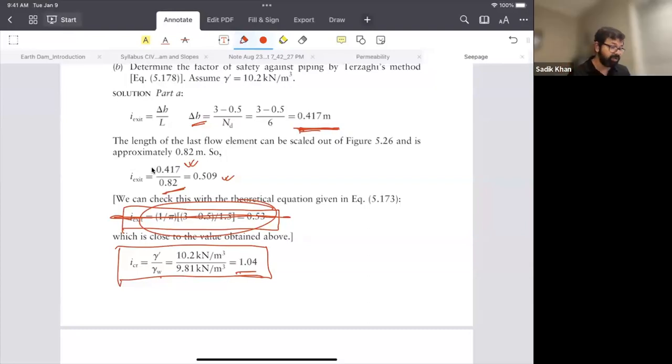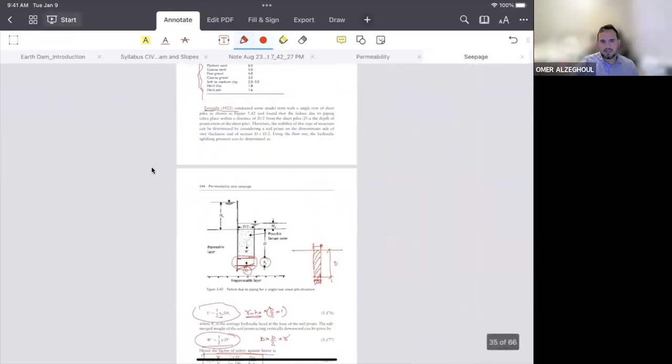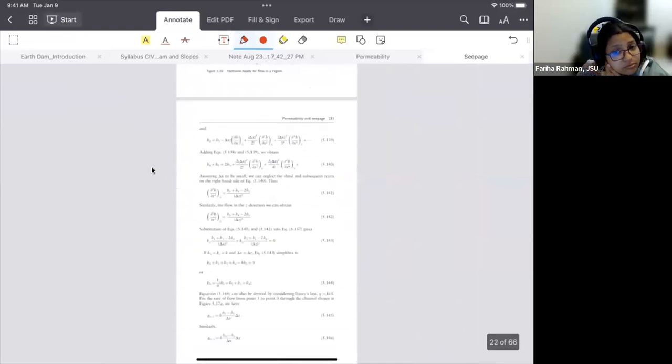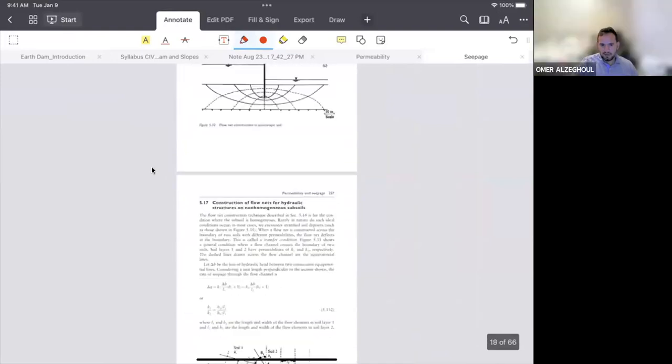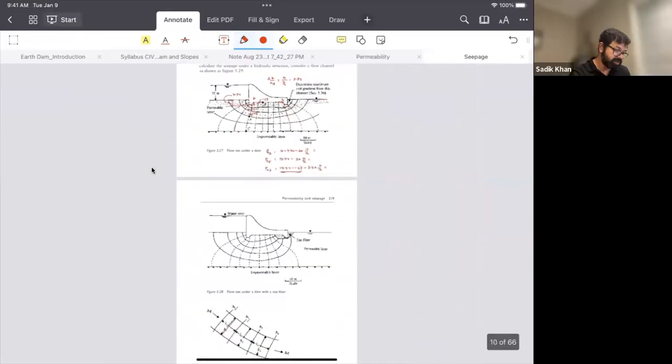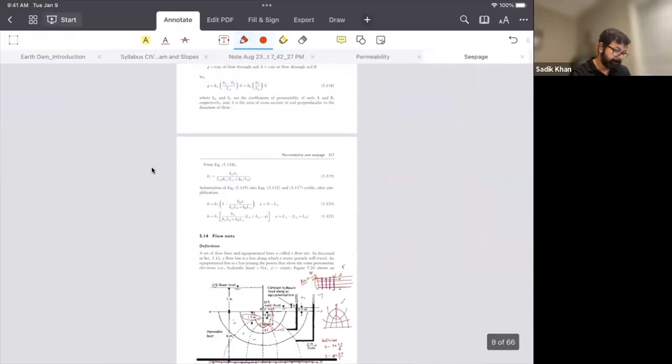So the length, how do we calculate the length? It's just the horizontal length from the beginning, from the first corner to the, yeah, let's go there. Let's do it. Where is it?